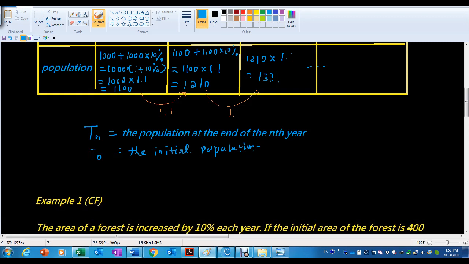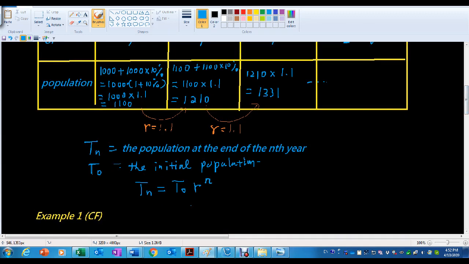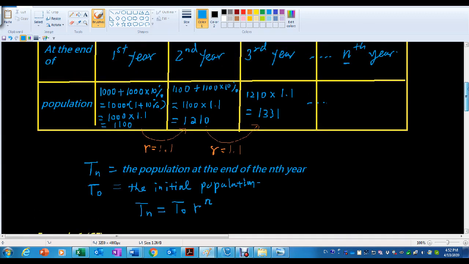If we use T0, what's the GS for us? It should be Tn equals T0 times R to the power of what? Not n minus 1, because you start from 0. R is the growth factor, so R would be this number. So that would be the formula.